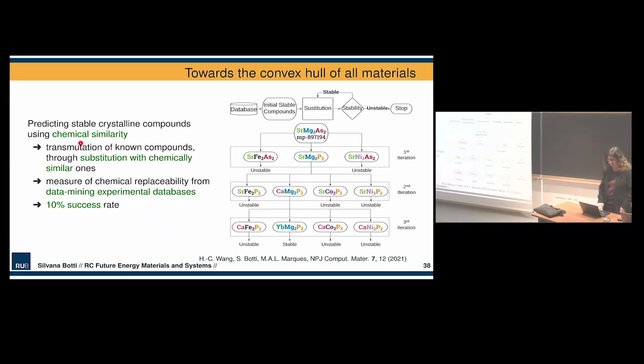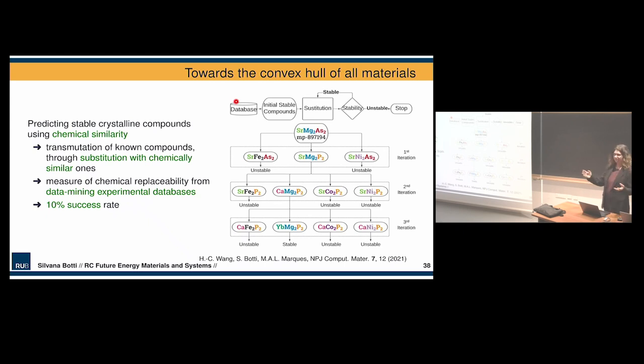So introducing this concept of chemical similarity, that is then at the basis of our embedding that I'm going to present in a few minutes. That's why I tell you more about this concept of chemical similarity. If you look at the experimental database, there are some compounds that are there because they are stable, they are made.